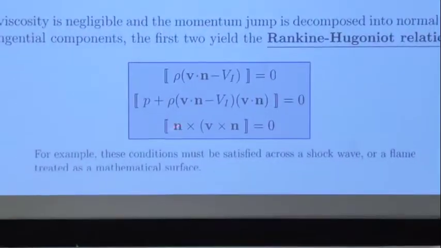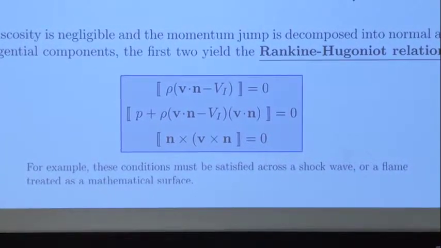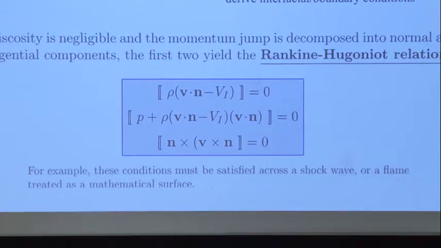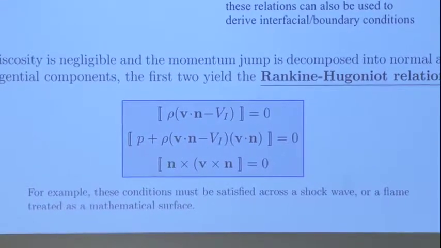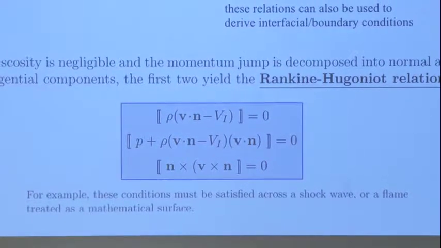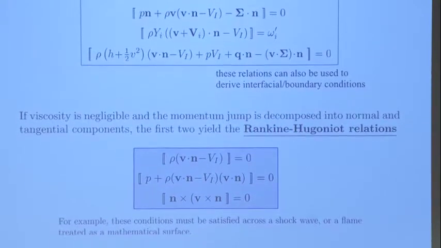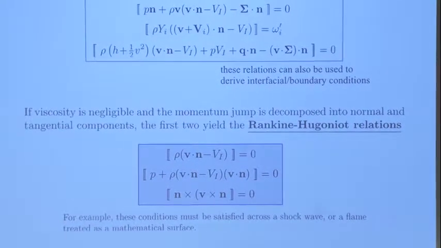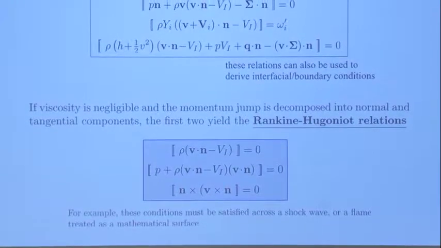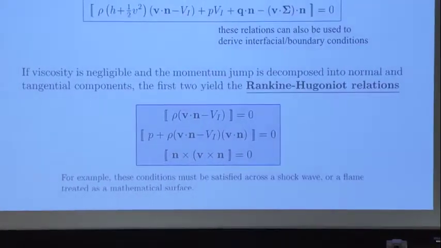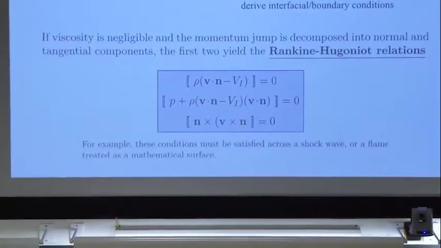V cross n is the same thing as that, but it's more accurate to put it this way. Otherwise, if you just do v cross n, you're changing the orientation of the two tangential components. So the statement here is simply that the tangential components to the interface are conserved. In other words, they do not jump, okay? And writing it as I wrote here, you're not changing the orientation of the two tangential components. And the normal component tells you that the normal momentum change is related to the pressure.